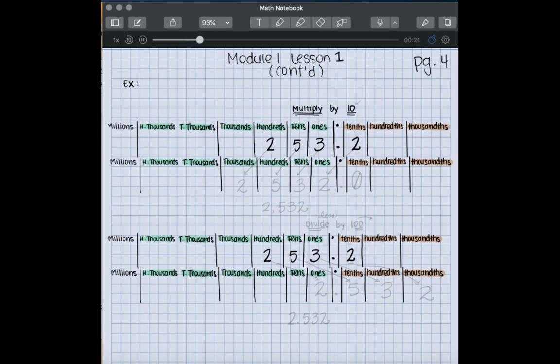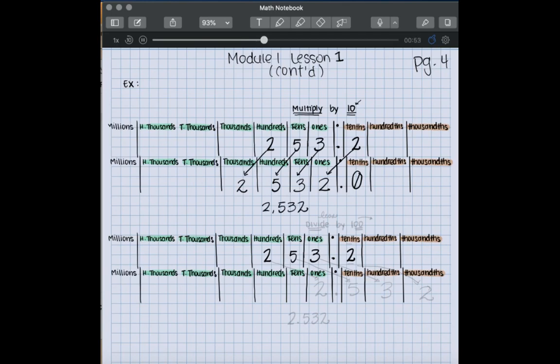And so, because it's 1 power of 10, meaning there's only 1 zero, every digit will move over just 1 place value, including the one that's after the decimal. So my new number becomes 2,532. I still have a decimal, except now I'm going to add a placeholder 0. Or I can just write the number 2,532.